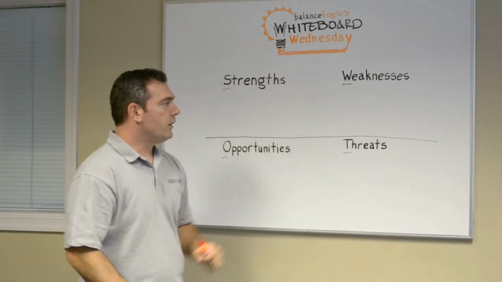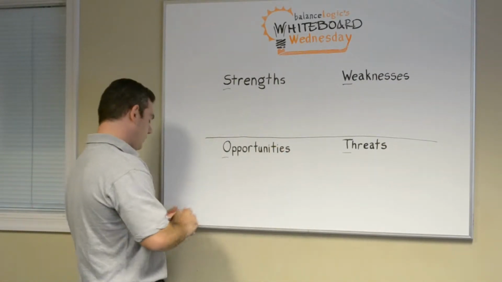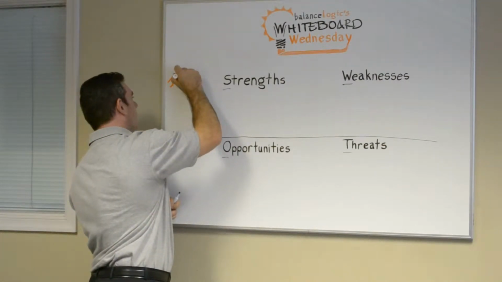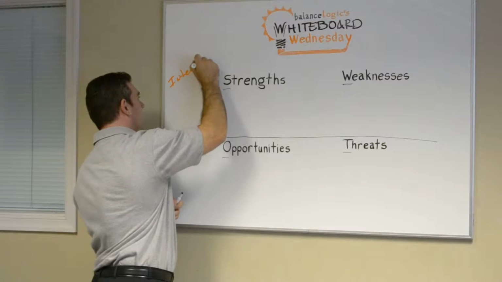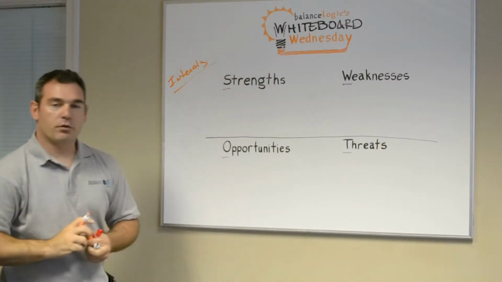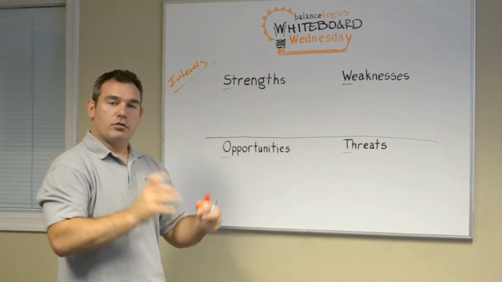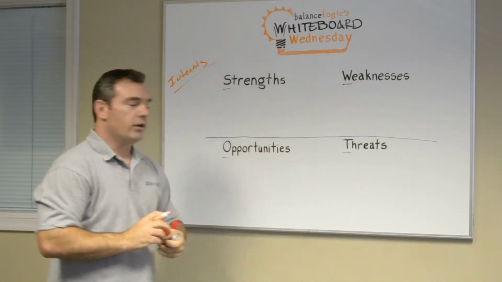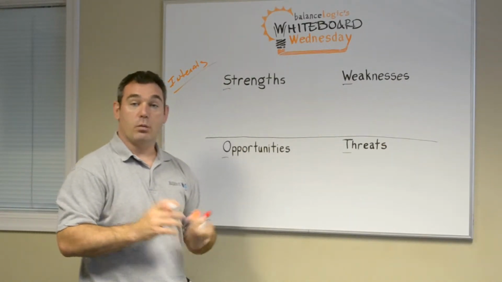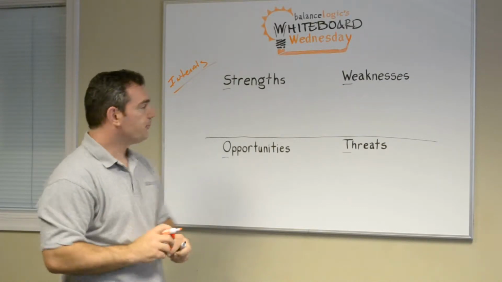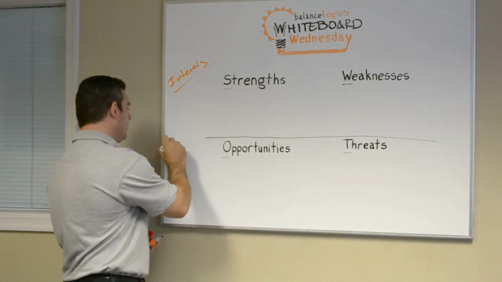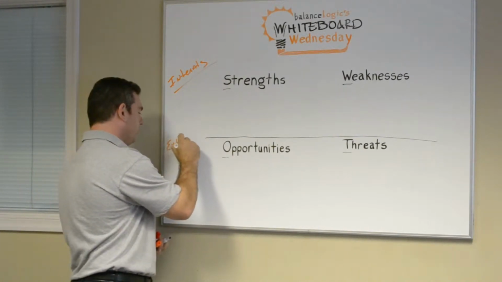The top half is what we call internals. Internal items are things that the company can control that happen inside the company. Strengths and weaknesses are internals because usually we can control what we're good at and what we're not so good at. The lower half is opportunities and threats, or what we call externals.